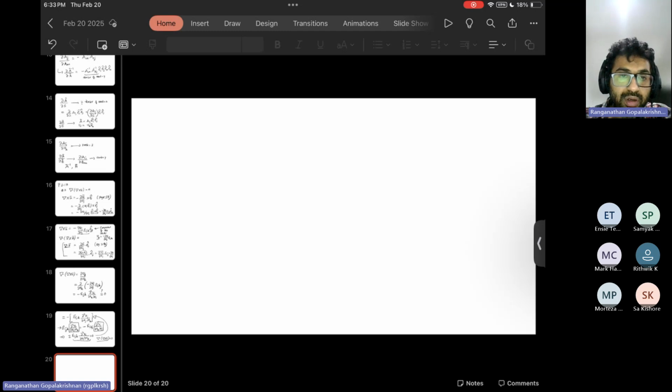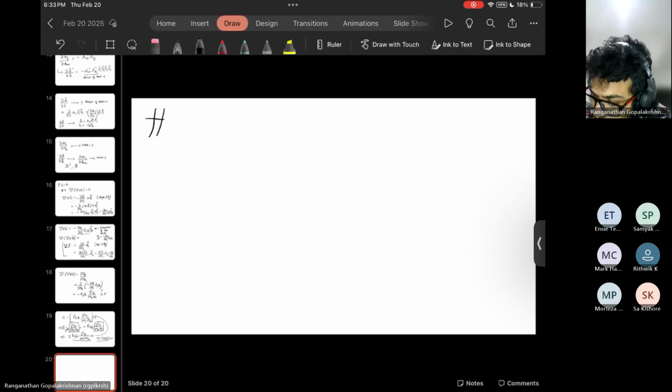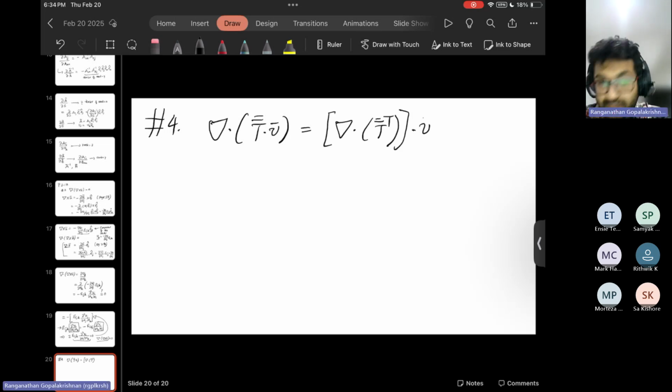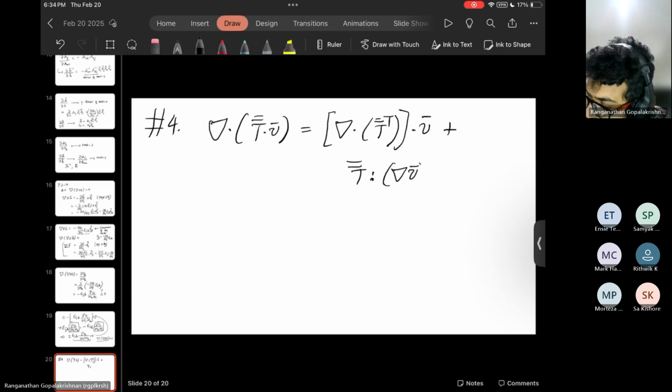Let's try number 4: the divergence of a tensor dot a vector is equal to the divergence of the transpose of the tensor dot vector, plus the tensor double contraction gradient of the vector transpose.